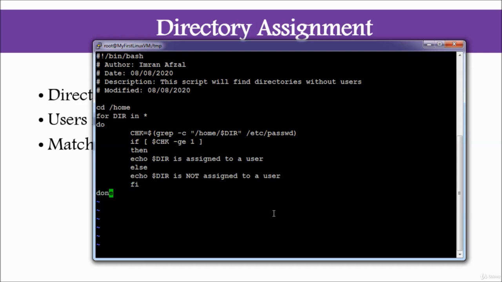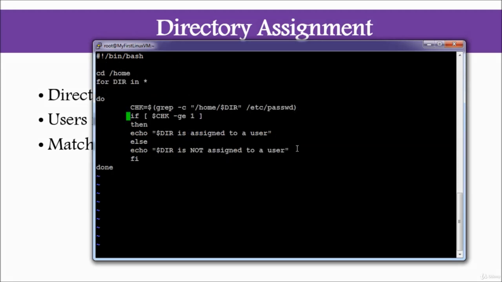Now let me explain again. What the script is actually doing is going into the home directory, finding everything in it, and putting it into the dir variable. Then it defines another variable, which runs a grep command with the -c option, which will do the count if it finds it, 1 or 2 or whatever. It greps from the list in this variable against /etc/passwd.